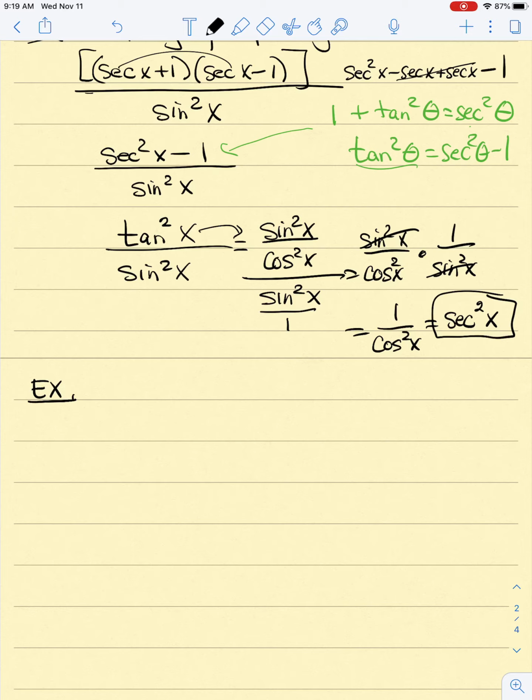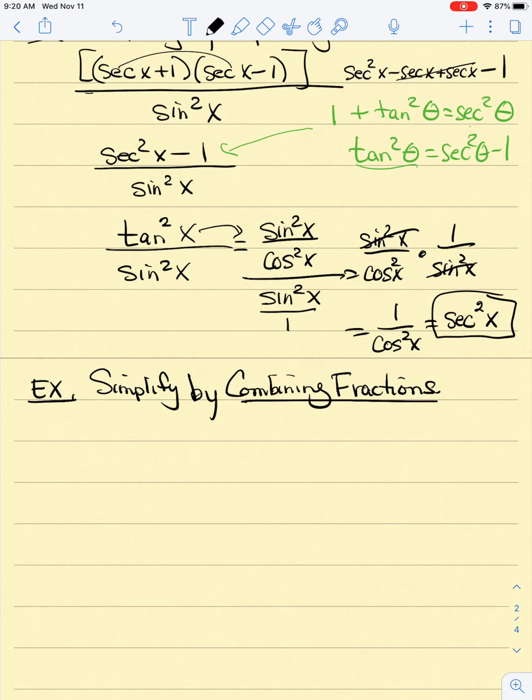This is going to be simplify by combining fractions. Combining fractions. That sounds interesting. All right, so here's what I have for us.